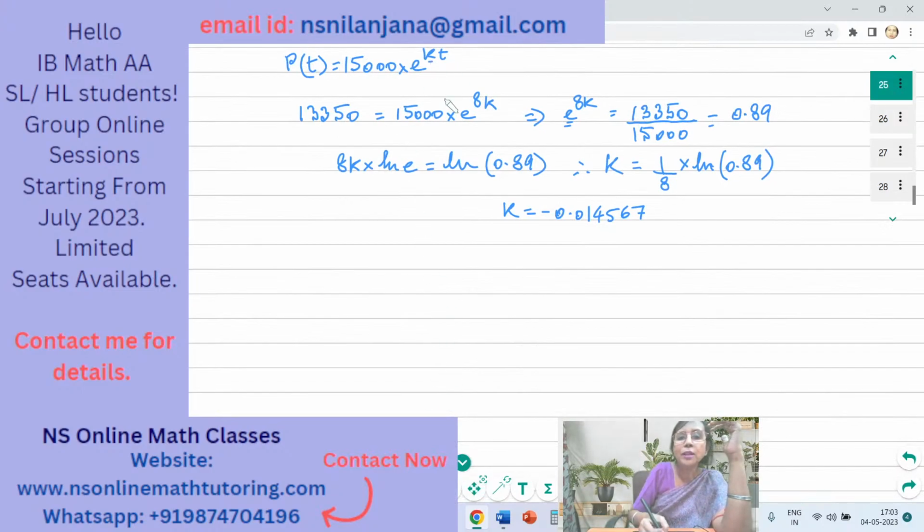We will be substituting the k value in this expression. So P of 27, that is on 1st January 2041, is equal to 15,000 times e to the power of negative 0.014567 times 27.